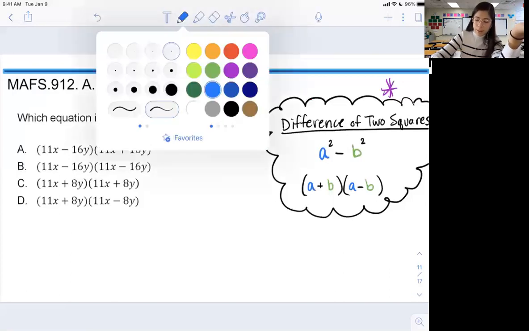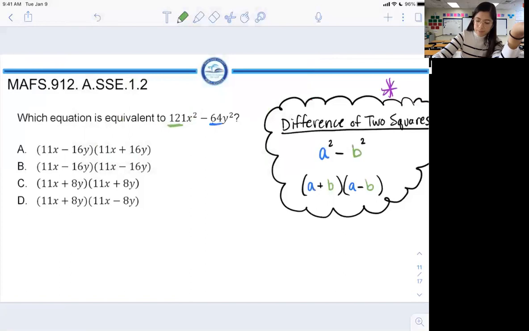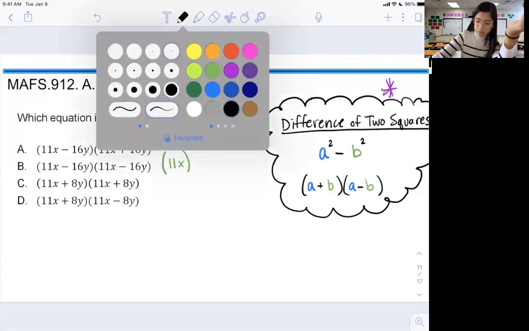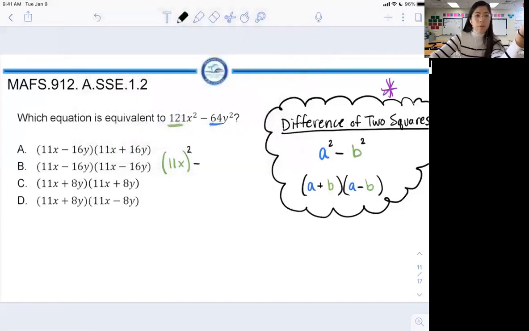So I can rewrite this like this. I can write 11x to the power of 2. And then what's the square root of 64? Good, 8.